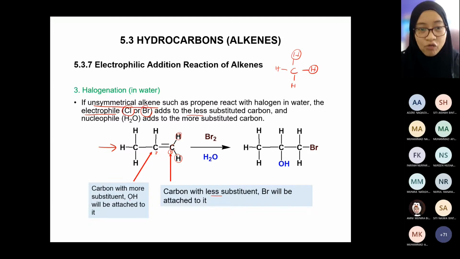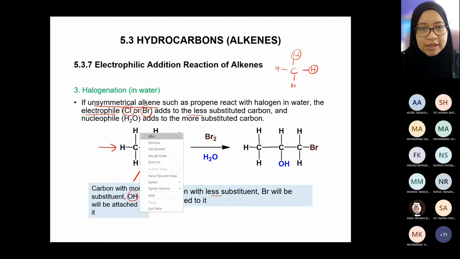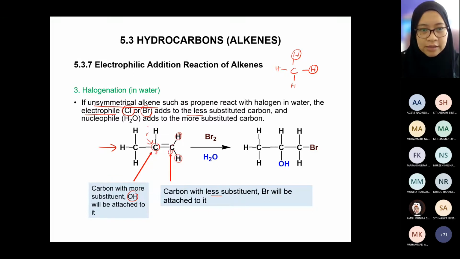On the other hand, OH will be attached to this more substituted carbon. Okay, this carbon is considered as more substituted. Okay, this one is less substituted. So OH will be added at the more substituted carbon.